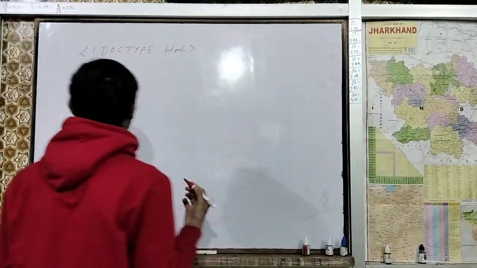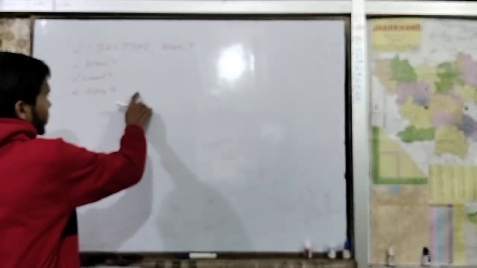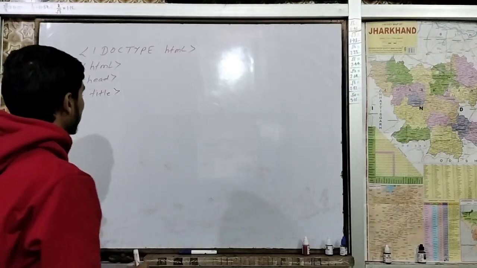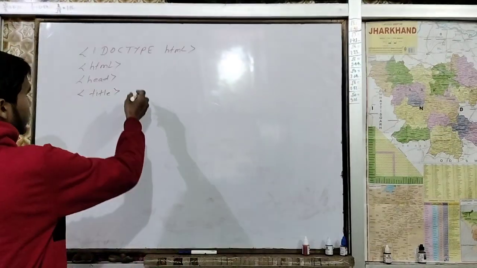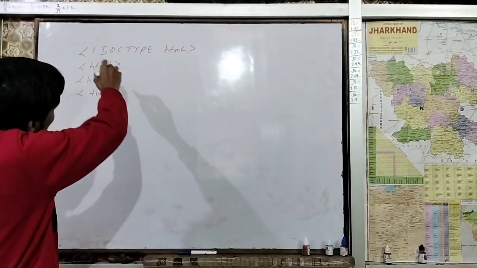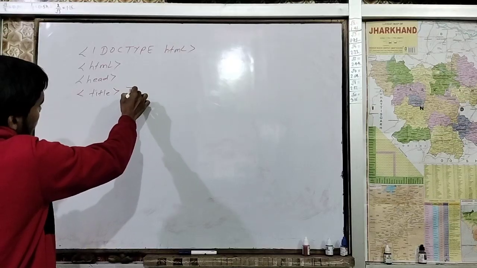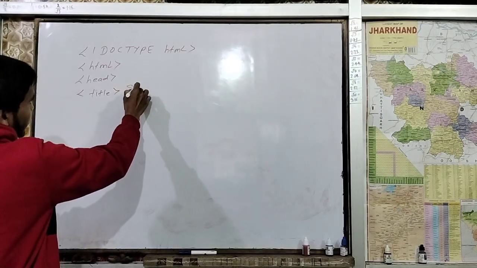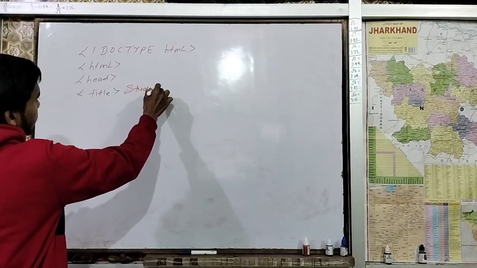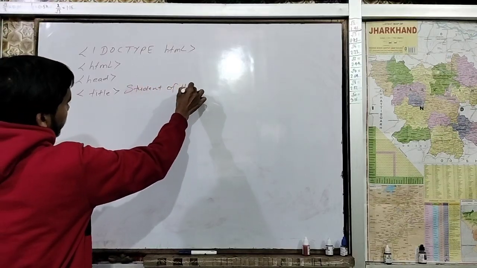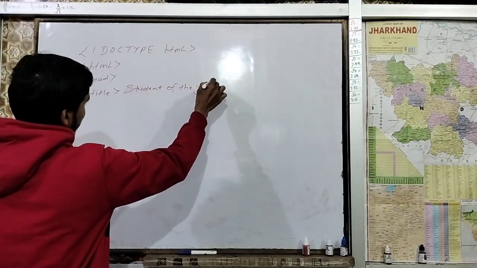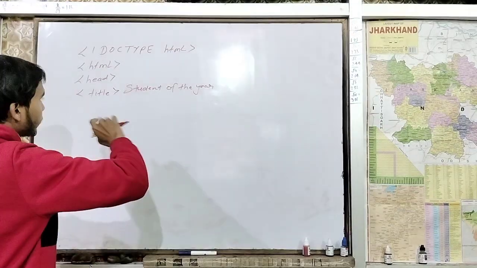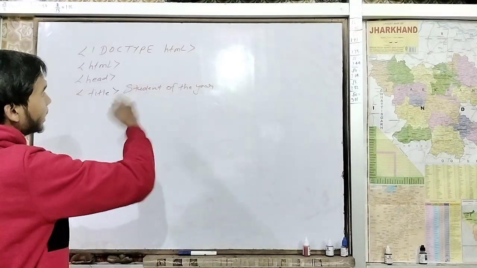Whatever title you have, you insert in this tag. For example, a student of the year. Okay, a student of the year. Let's say clear. Now we are going to end this tag.